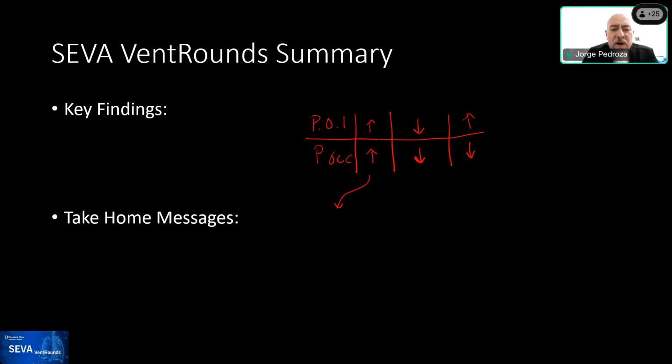When we have respiratory drive and respiratory effort both high, we can think that we have metabolic or respiratory problems, especially when we are talking about metabolic problems, we think of acidosis.